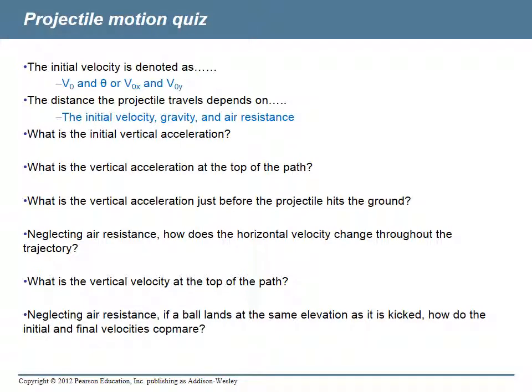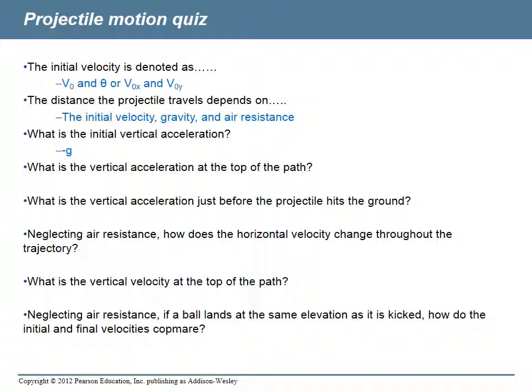What is the initial vertical acceleration? The initial vertical acceleration would be the acceleration whenever it's starting. So what is that? What is the vertical acceleration everywhere? That'll help you out a little bit maybe. Hopefully you said that the vertical acceleration everywhere is simply downwards 9.8 meters per second squared, or, downwards we'll say negative, and 9.8 meters per second squared is g, so it's negative g.